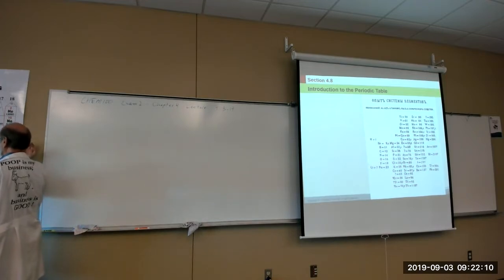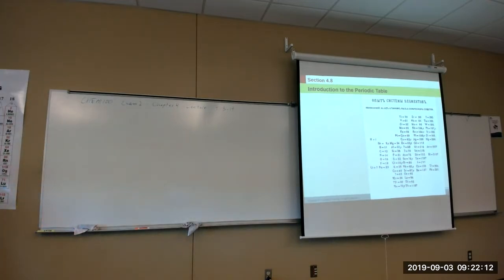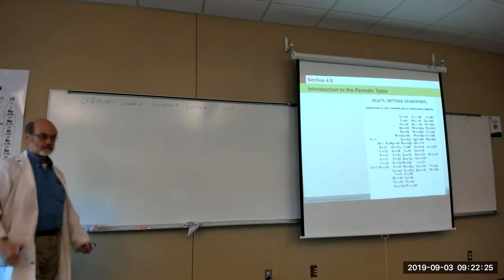Because if you do, you're back at this one again. That's called a period. So you go through a period and you wind back around and start over again. Wind back around and you start over with a group where the characteristics are similar.